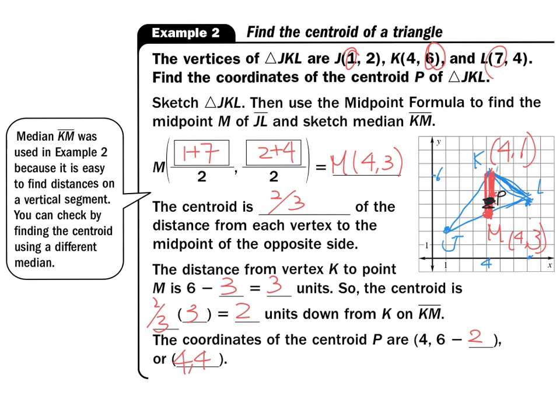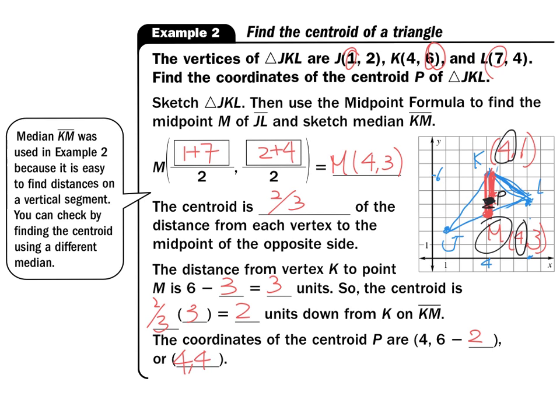The point is that you first find the midpoint on JL, and then because we're lucky enough that K and M have the same x values, it's much easier for me to find the whole distance of KM, which is just 3 minus 1, which gives me 2.